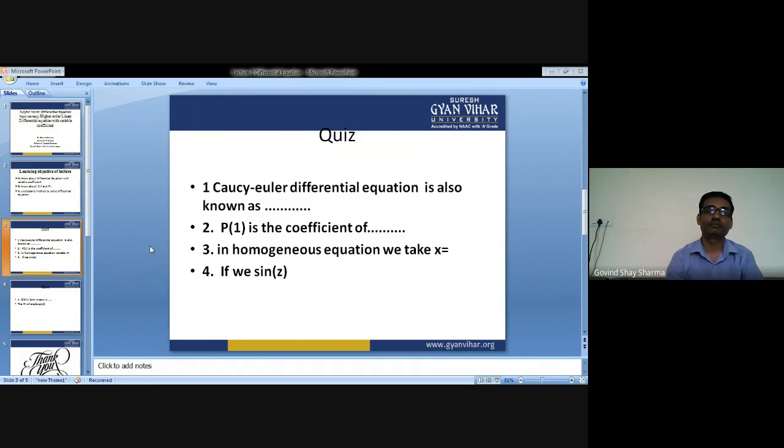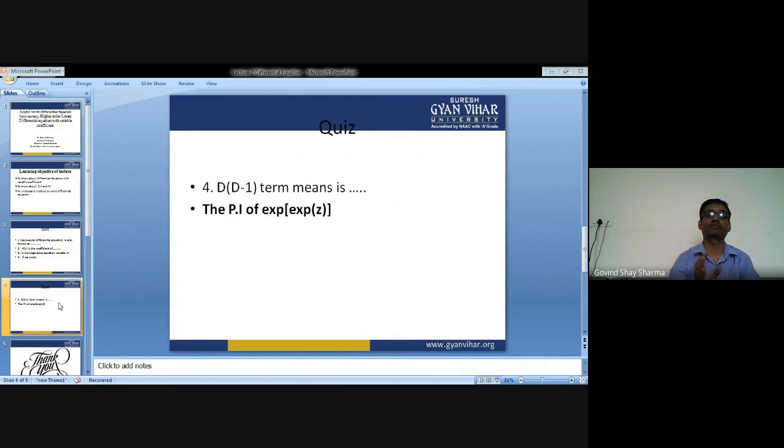If we have sin z, we put z is equal to log x, and it becomes sin log x. In the last example, you saw that when we had sin z, we put z is equal to log x, so it became sin log x. The D(D minus 1) term means d2y by dx2, because we take dy upon dx as dy upon dz, so it converts into D(D minus 1).